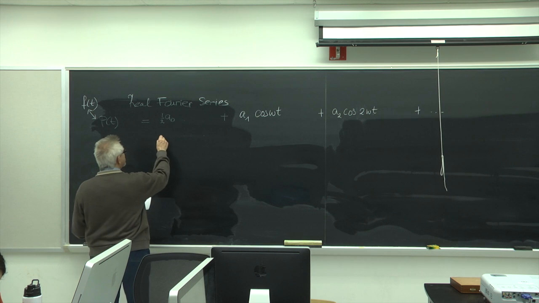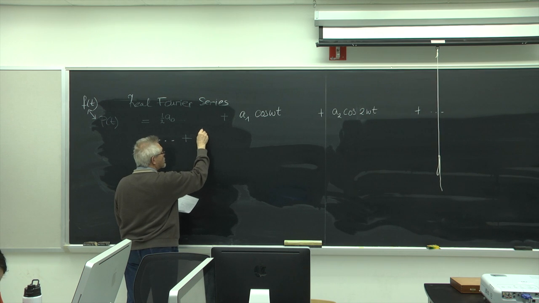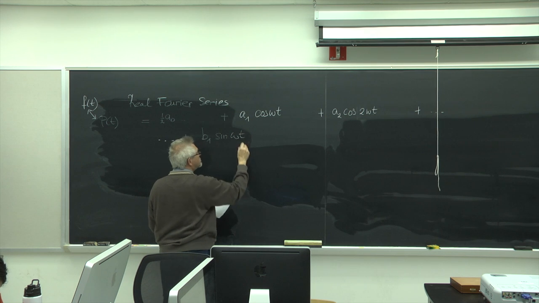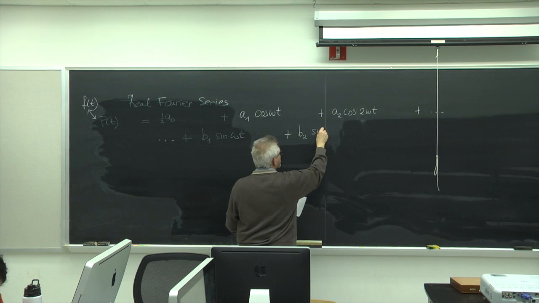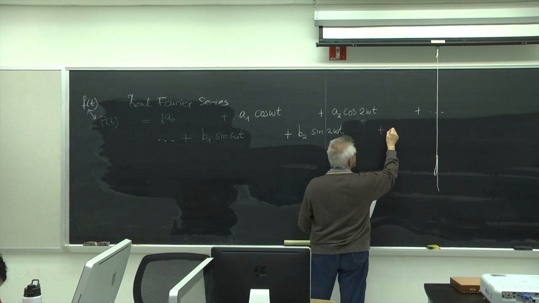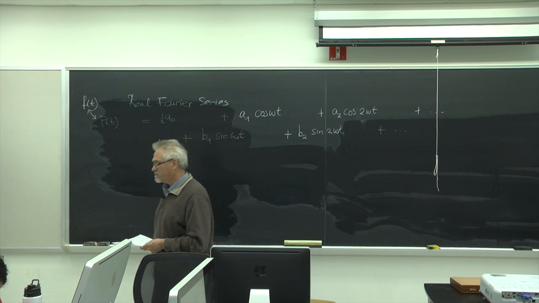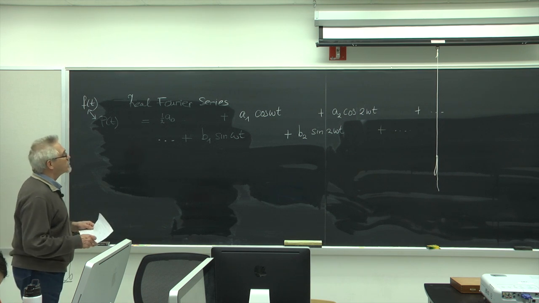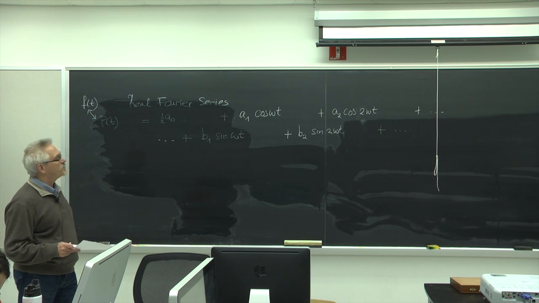And then, a little bit further, we have a coefficient b1 sine of omega t, plus b2 sine of 2 omega t, plus, just like there, you can keep going, in principle until you are at infinity. And the more waves you include in your Fourier series, the better your approximation is going to be.